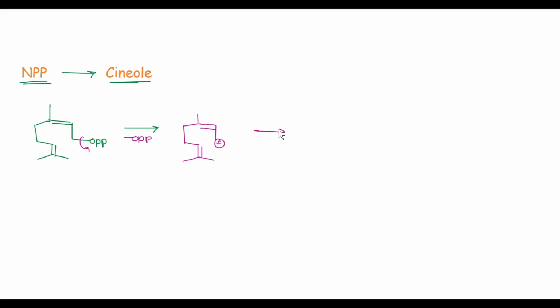In the next step, this pi bond attacks this electron-deficient carbon atom and we get a 6-member ring with this double bond and this positive charge. In the next step, on enzymatic hydrolysis, we get OH here, a double bond here.